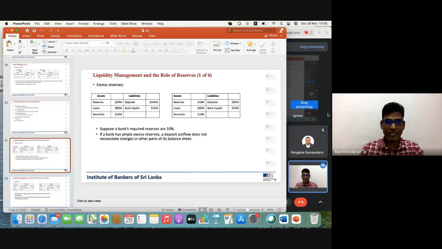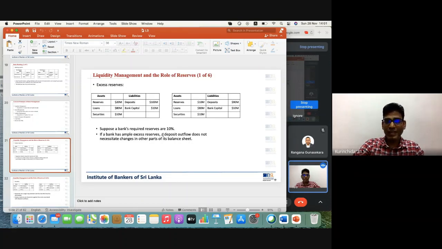Okay, now see the first balance sheet. Under assets, we have reserves 20 million, loans 80 million, and securities or investments 10 million. So you have altogether 110 million total assets. And if you take liabilities, you have deposits 100 million and bank capital 10 million, right? Now suppose the bank's required reserves are 10%. That means our regulatory requirement for the reserve is 10%.